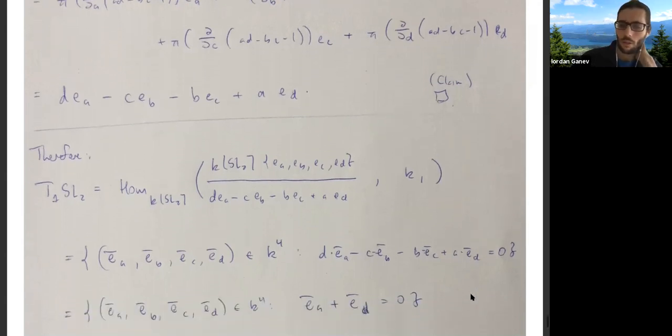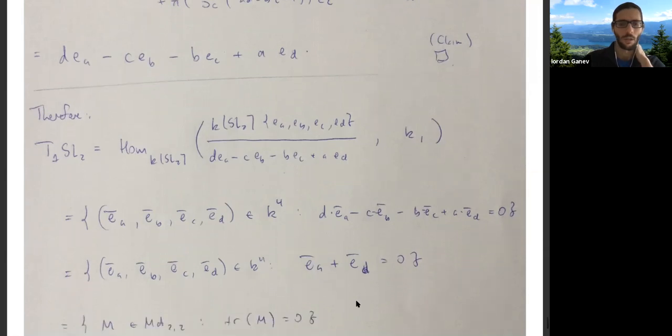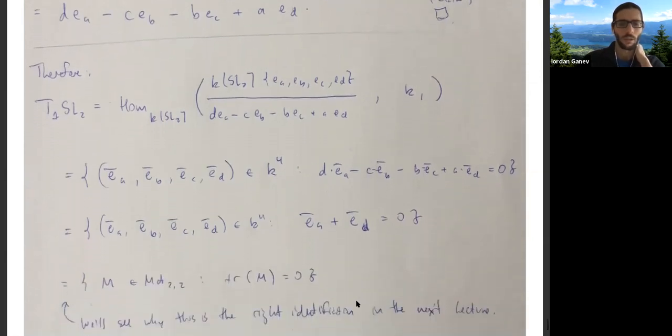Well, we already know what the action is, since above I reminded you what the action of these generators is on K1. In particular, C and B both act by 0, so those disappear, and A and D both act as the identity. So we just get E bar A plus E bar D is equal to 0. So we can think about these as 2 by 2 matrices where the trace is equal to 0.